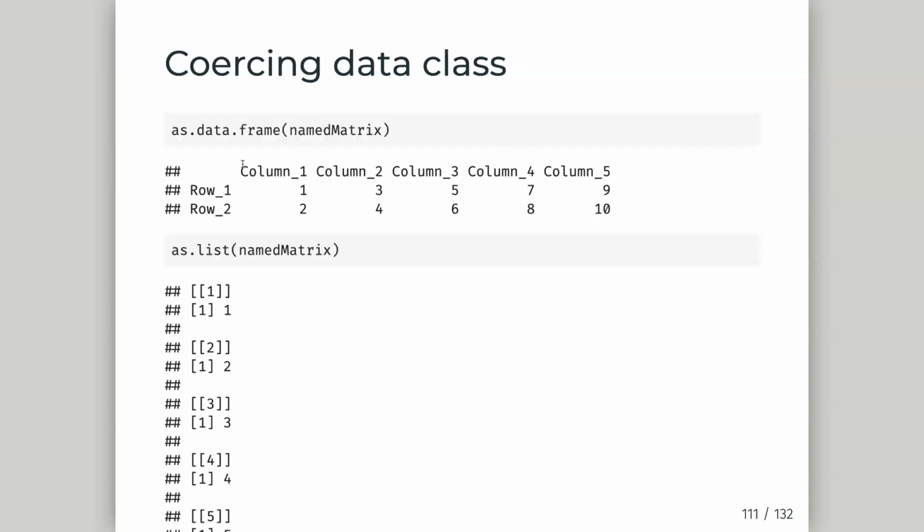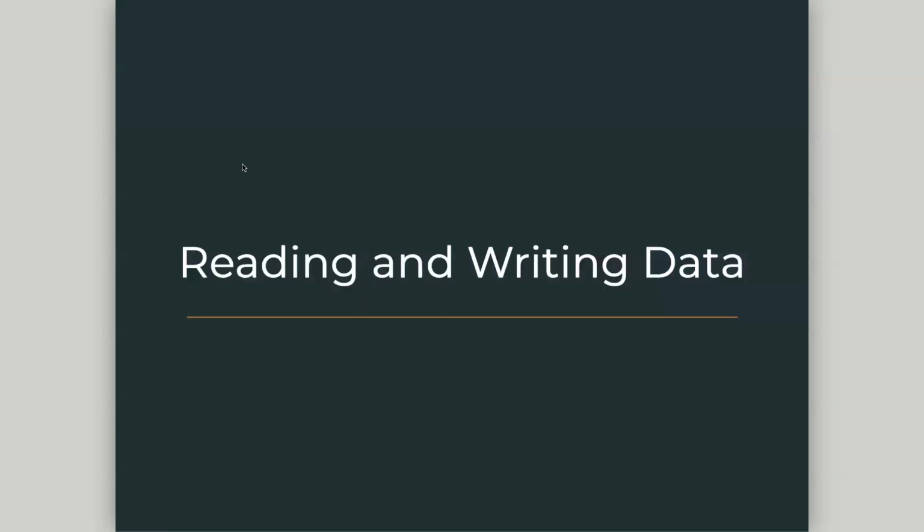So if we want to, it's very easy. We can turn our matrix into a data frame with as.data.frame. If we want to turn our matrix into a list, we can do it as.list. So somewhere in there, there's usually a converter for you. And as we start to get to more complex objects, like genomic ranges, we can turn them back to data frames, because data frames are easier then to write out or print.